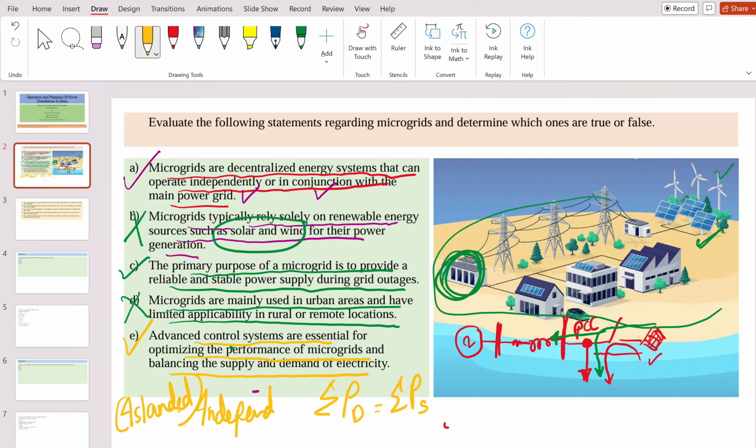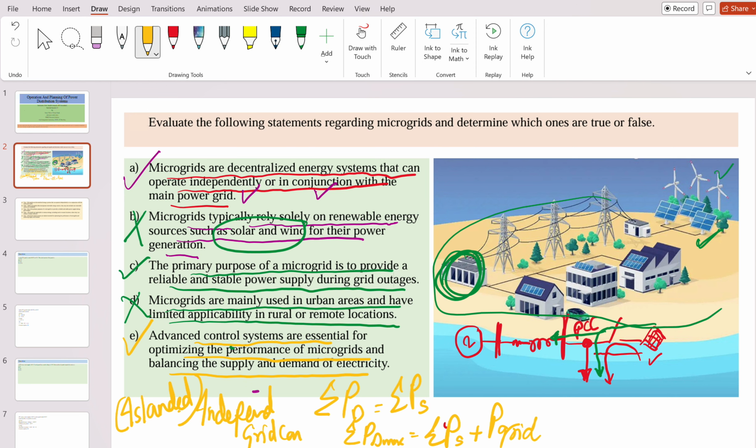In this scenario we are independent and we generate only what is required at the load side. But when you are a grid-connected system, you can generate the maximum power demand. You can supply the load and also give to the grid. But for developing this kind of algorithm, you need an advanced control system to operate.